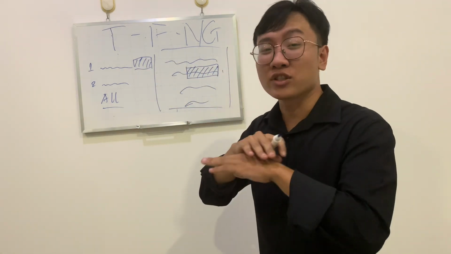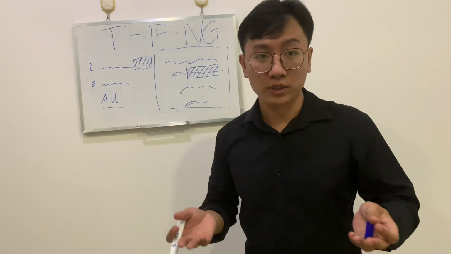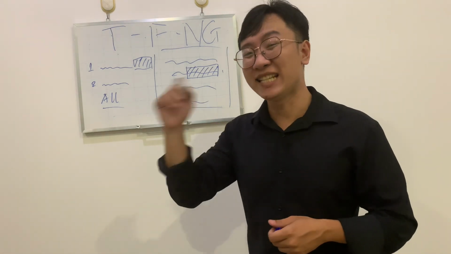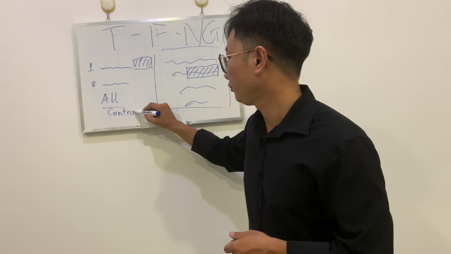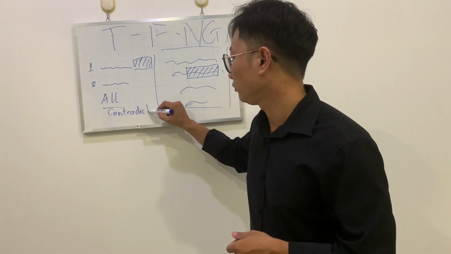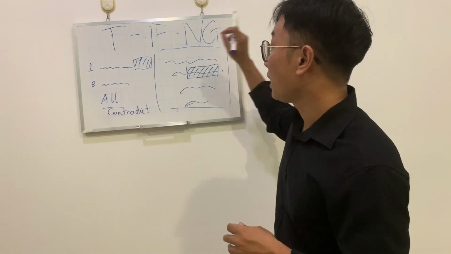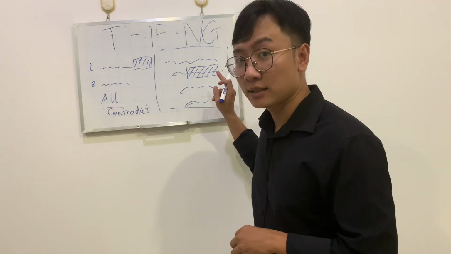If it is false, the information contradicts the information that you find in the text.